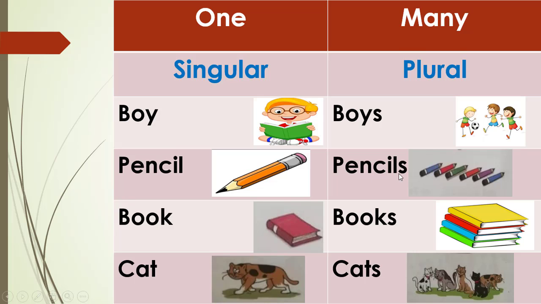We add s at the end of this word. In the third example, there is one book and many books. हमने उसको s लगा के plural बनाया. One cat and many cats. We made it plural by adding s at the end of this specific word.